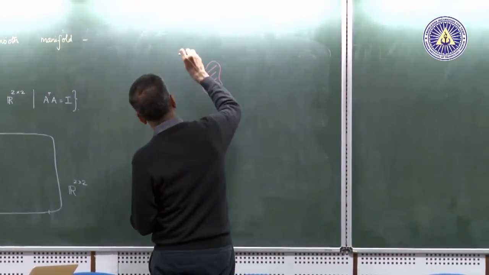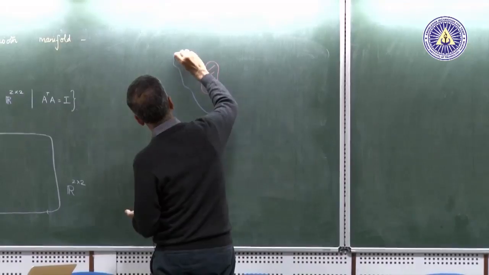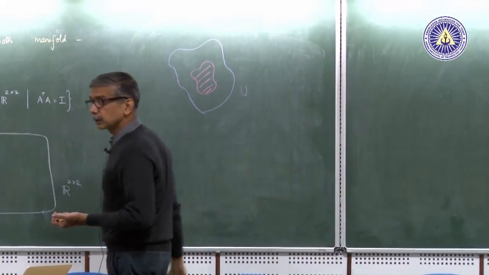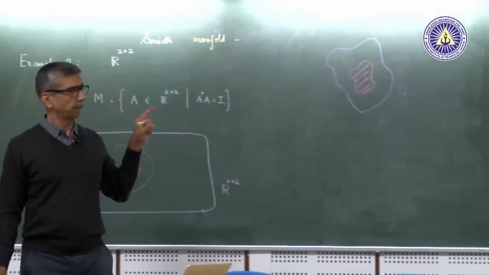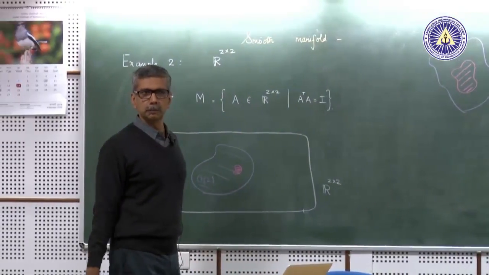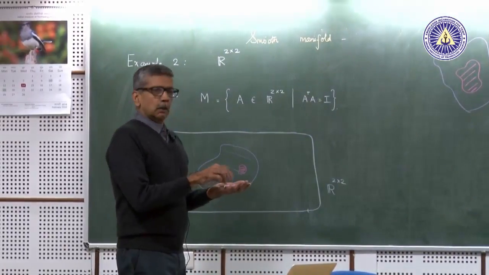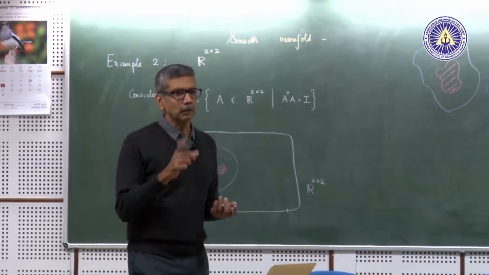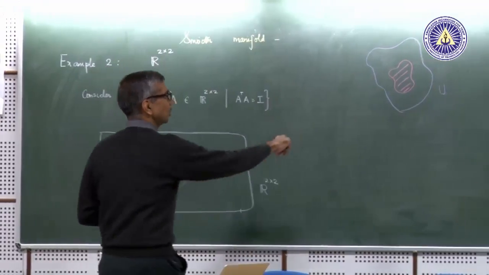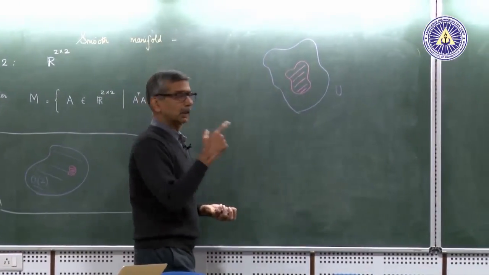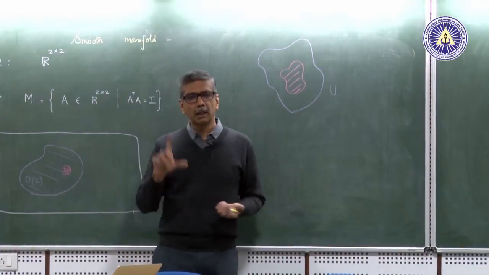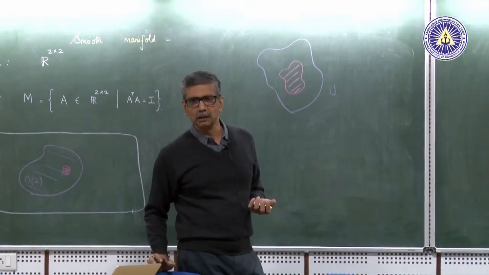Now I will again bound that by some u. Please look at the parallel to the circle, bounded by some u, right. What is my objective? To find those functions which should have the onto property on u, and then establish this portion of this as a level set of those functions, right.